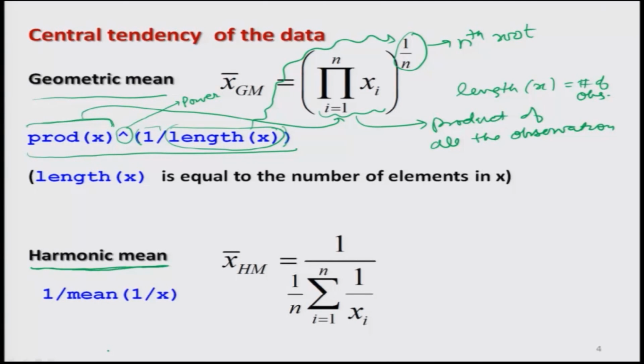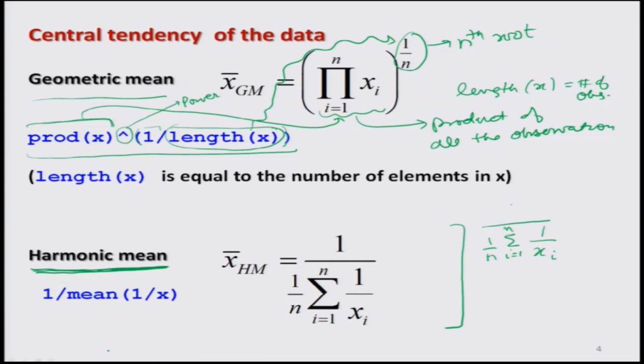So, now we are going to consider the harmonic mean. We all know that the harmonic mean is computed by this expression, and here you can see what is really happening. First of all, I find the inverse of each and every observation xi, and then I find its mean, and after this I find its inverse.